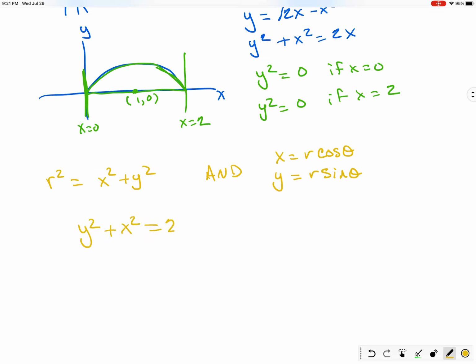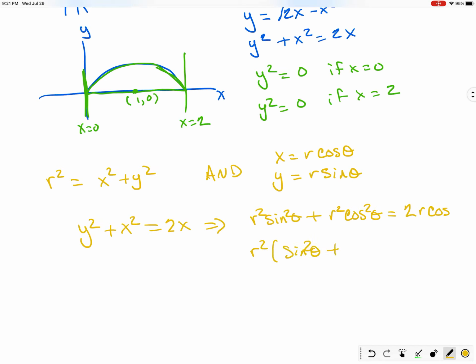So y squared plus x squared equals 2x. So I get r squared times sine squared of theta plus r squared times cosine squared of theta is equal to 2 times r times the cosine of theta.